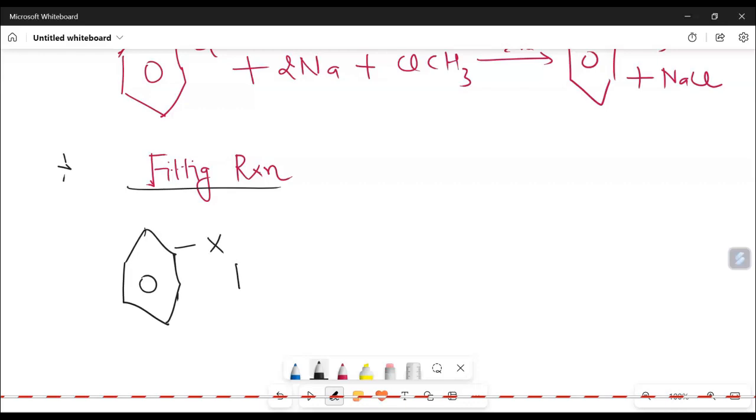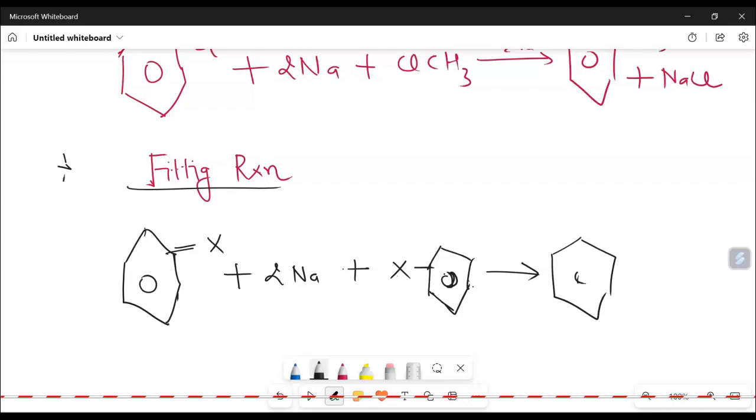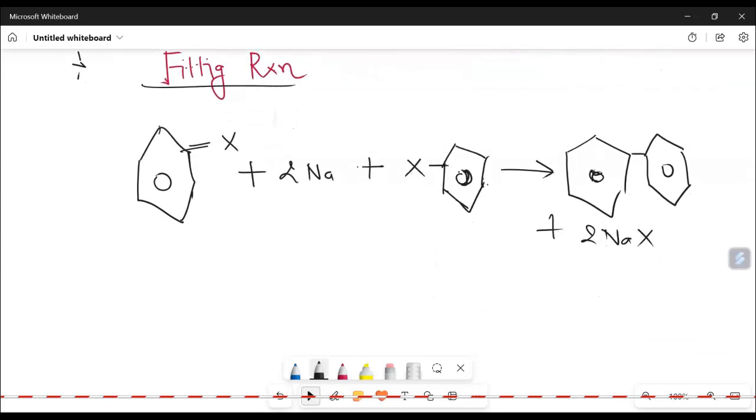Reacts with 2Na plus again X, this will give biphenyl plus 2NaX. X could be fluoro, whatever.